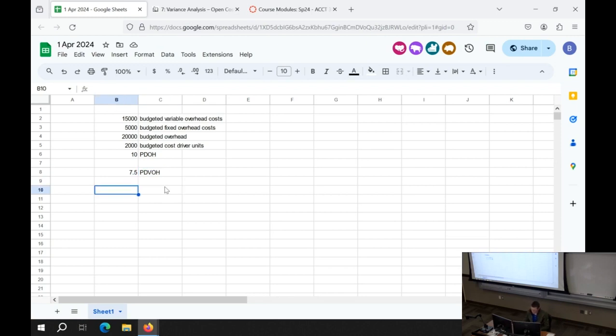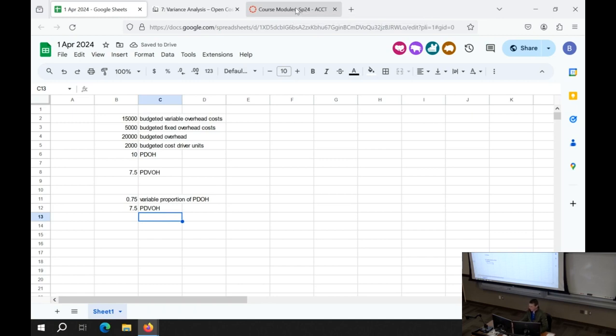They'll say something like, here's the PDOH rate, 75% of that is variable costs, which is exactly the numbers right here. And so you say, 75% variable proportion of PDOH. Well, that PDOH rate times 75%, we end up with the PDVOH. Right, so that's our kind of cost of variable overhead.